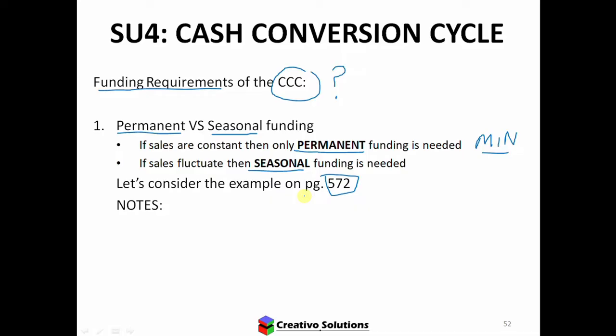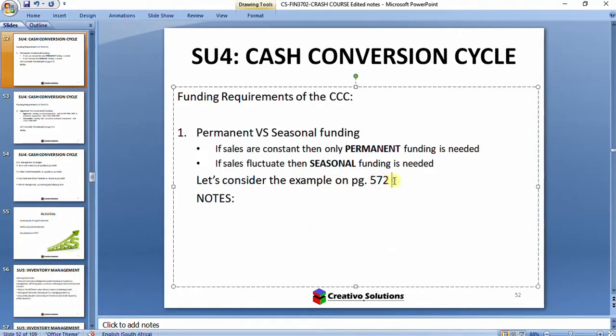Let's go to that page and see if it's the right reference. I think it's 588. Did you find it? 588. Let's check that. I think so. 588, funding requirements, 100%, yeah. Let me just update that. Okay, 588 in the second edition.